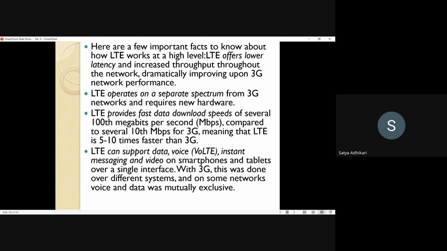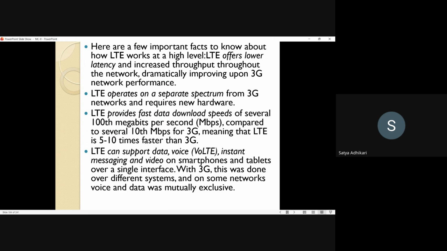LTE can support data, voice, VoLTE, instant messaging, and video on smartphones and tablets over a single interface. With 3G, these were done over different systems, and on some networks voice and data were mutually exclusive.